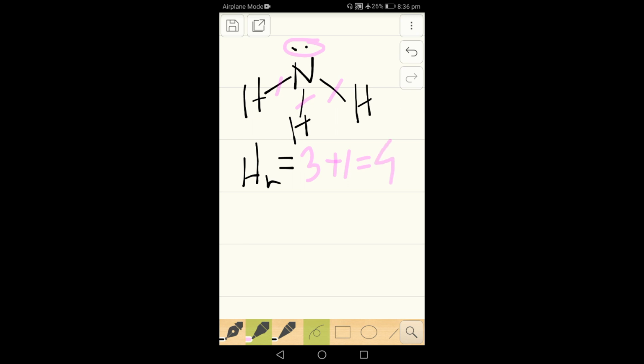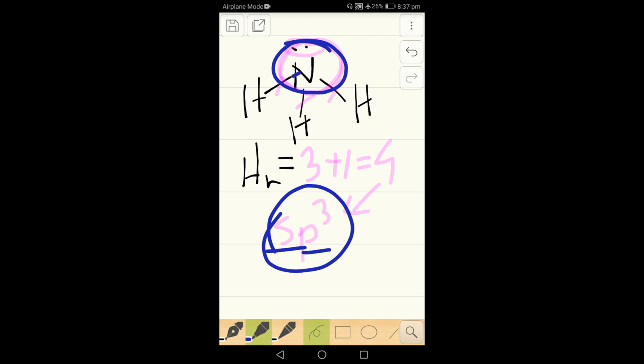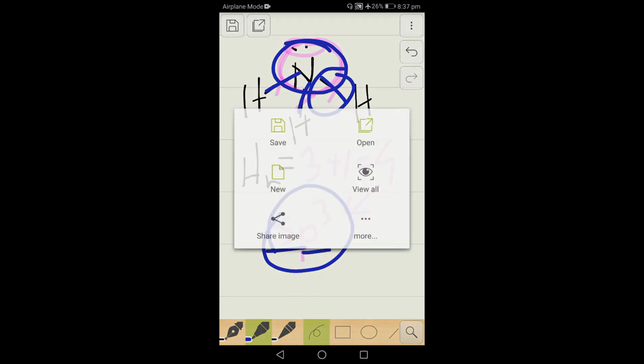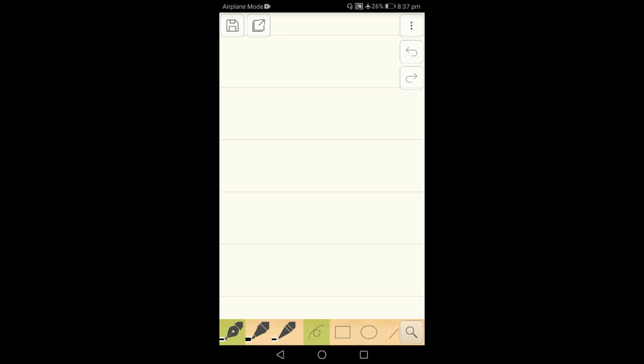The hybridization number is 4, and that means the nature of hybridization in the nitrogen is sp3. In the outermost shell of nitrogen, 3 p orbitals and 1 s orbital are mixed together to form the hybridization, which then forms these covalent bonds. Now let's look at another example.